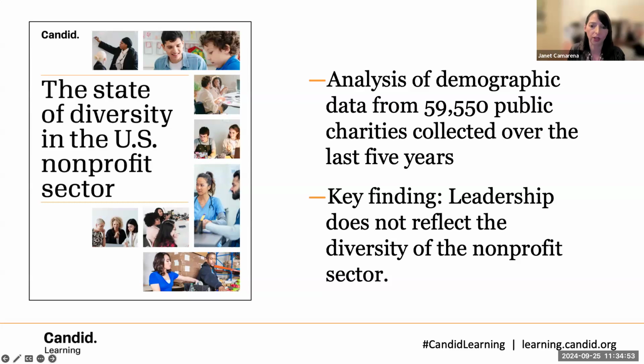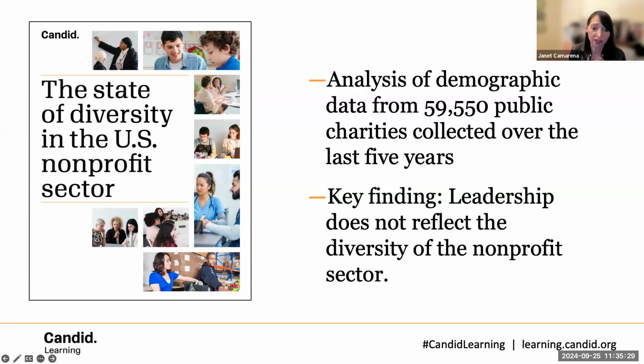At the start of the year, we had nearly 60,000 charities reporting their data directly to us. And our research team used that data to issue a first of its kind report on the diversity of the US nonprofit sector. And spoiler alert, a key finding of the report was that although the nonprofit sector does have diverse representation across its workforce from many communities, the story is much different when one looks at leadership, particularly of wealthy organizations, which tend to not reflect the full diversity of the broader sector.